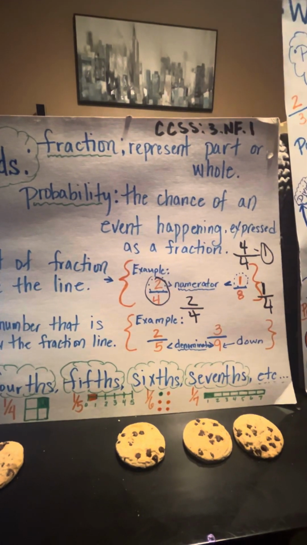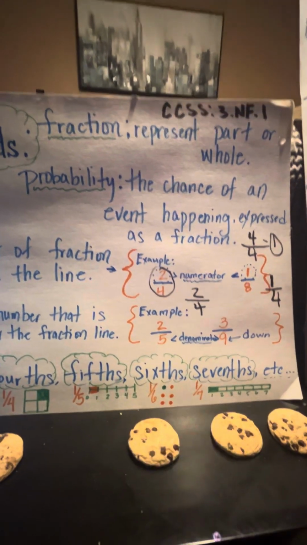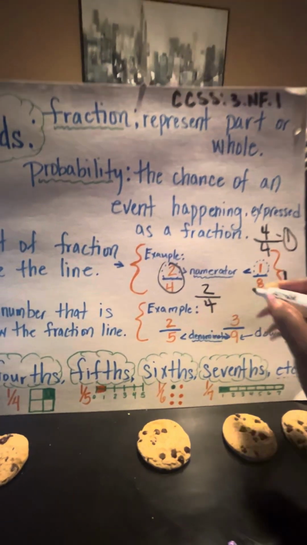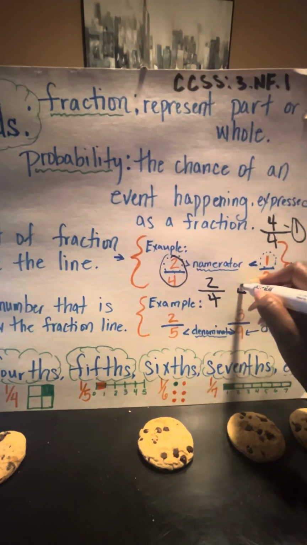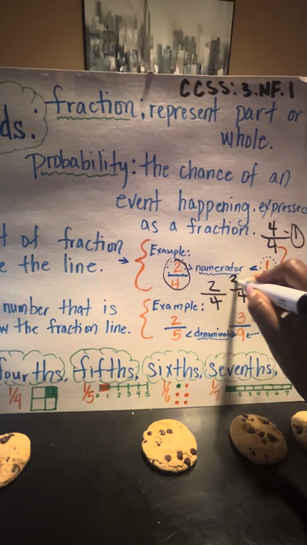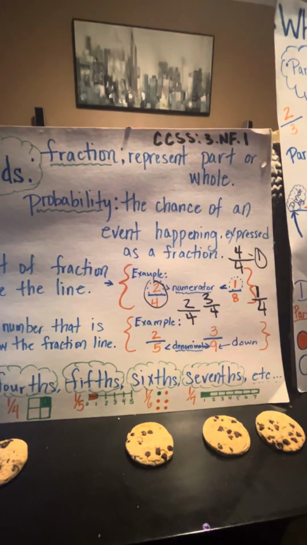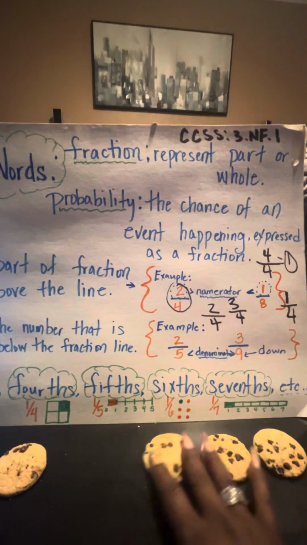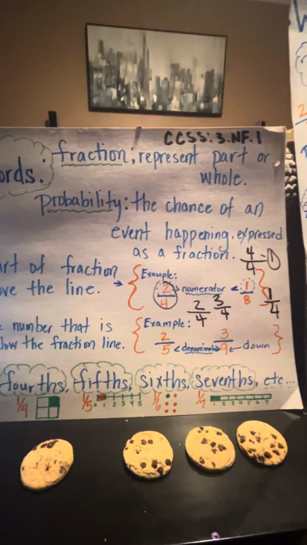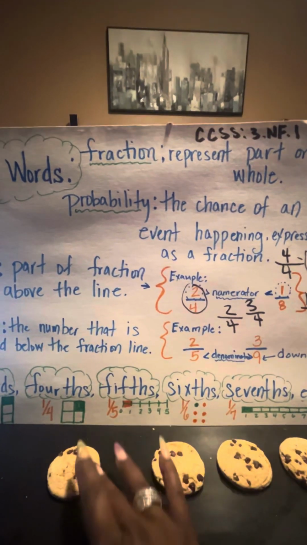Okay, take a guess. What do you think the fraction would be? 1, 2, 3. Excellent. So we keep our 4, and you said 3. And guess what? You're absolutely correct, because the fraction is part of a group. We know the group is 1, 2, 3, 4.